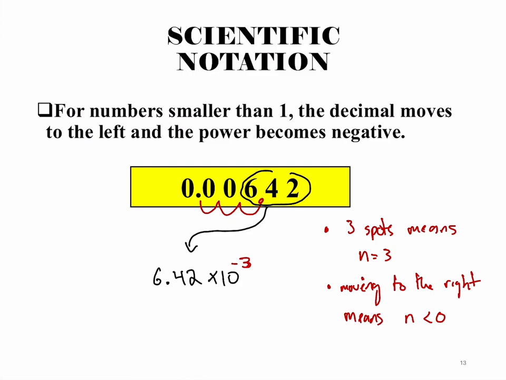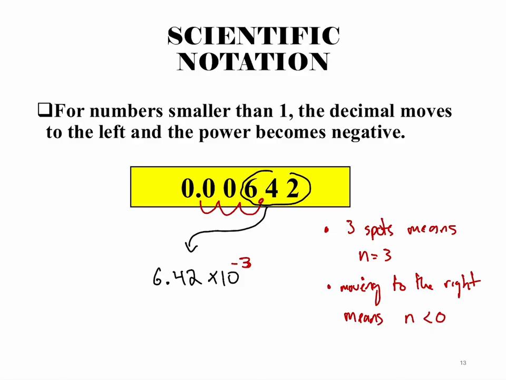Right, because to get 0.00642 to look like 6.42, you have to multiply it by 10 each time you move the decimal over. So to counteract the multiplying it by 10 to the 3, you can divide it by 10 to the 3.